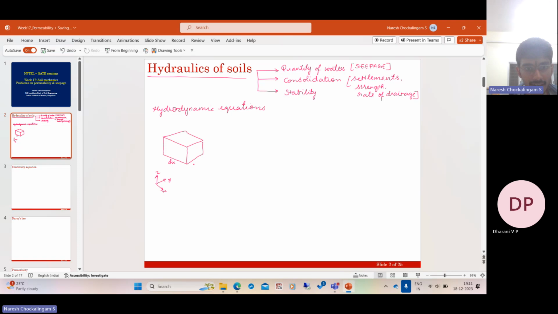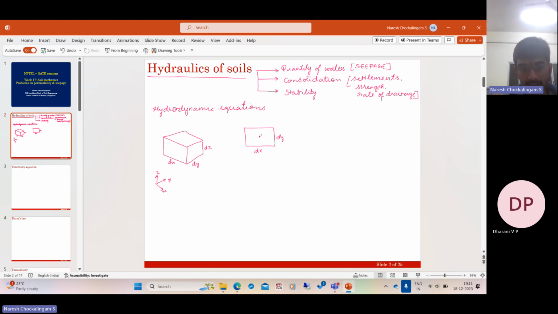It has dimensions of dx, dy, dz. If we take any one plane, suppose we are looking from the top, this will be the projection of the element onto the xy plane. So this is just dx, dy.